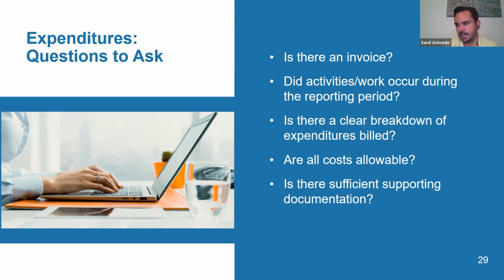Yes, very important that they are not including expenses that are not within the scope and the time frame of the program. Is there a clear breakdown of expenditures billed? Be very specific about what it is that you expended and what category it falls under. Okay.